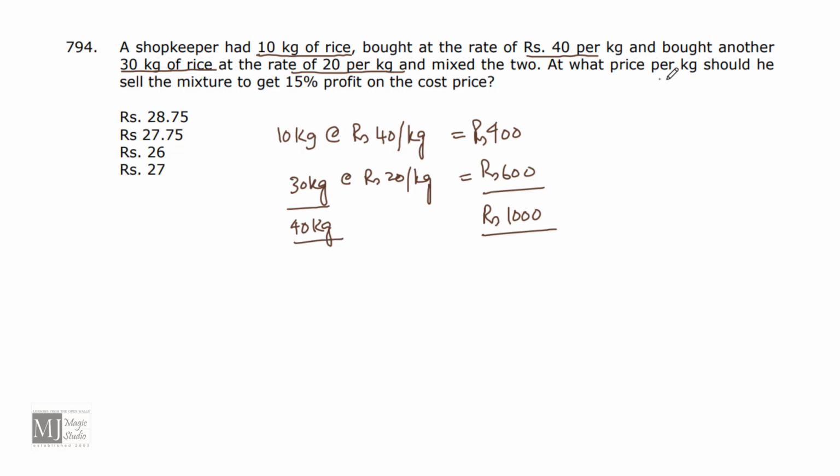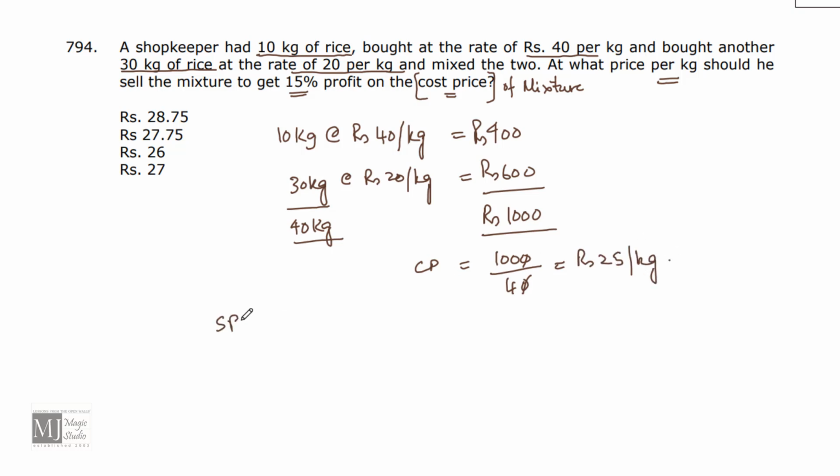At what price per kg should he sell the mixture to get 15% profit on the cost price? Here, the cost price means the cost price of the mixture. So what is the cost price of the mixture? 1000 rupees divided by 40, that will be rupees 25 per kg.